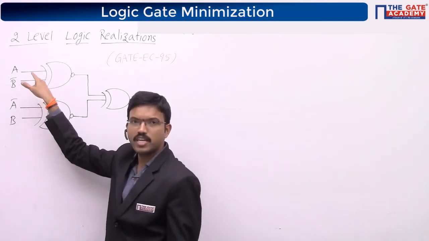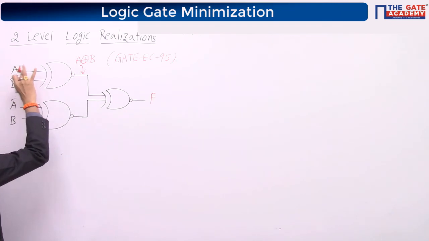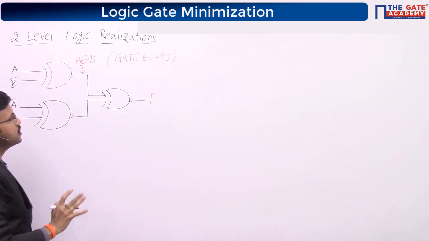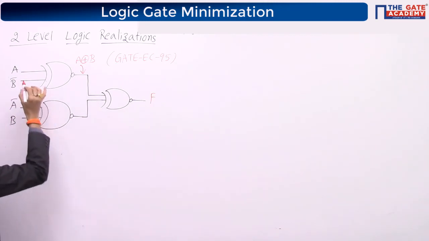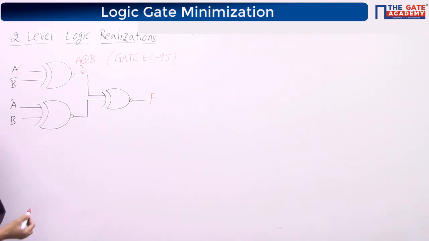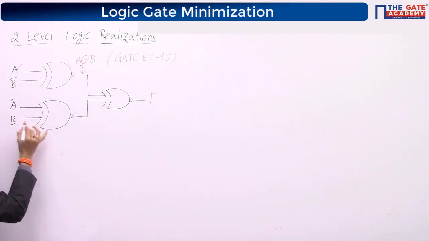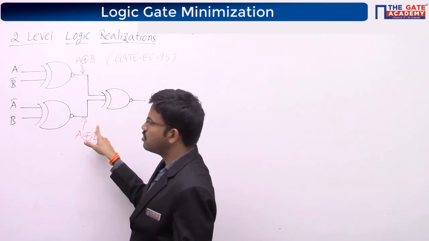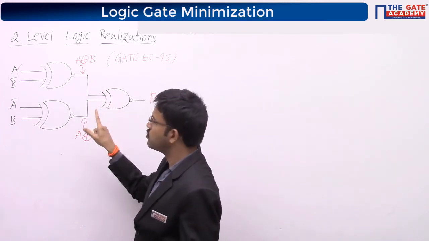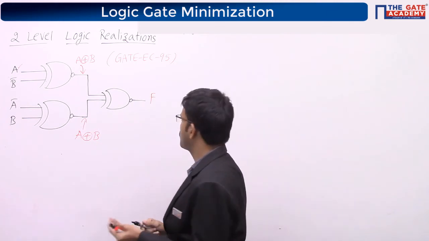So when you have it like this, the output will be XOR. Similarly here also. That means if this is 0, this will be 0, or if this is 1, this will be 1. When both the inputs are the same, the output of the exclusive NOR gate is 1.